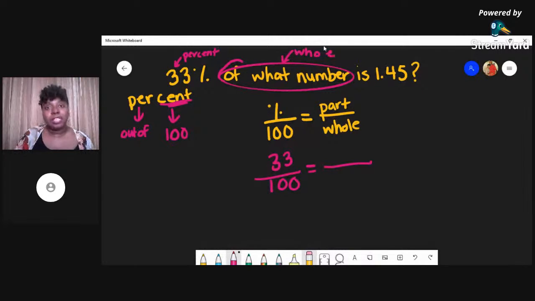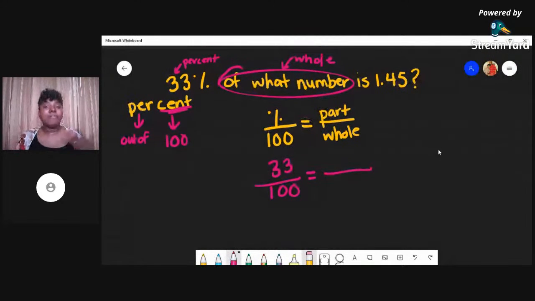Okay. So this is the whole. Now this says of what number? So do I know what this number is? No. And if I don't know what the number is and it's unknown to me, what do I put? You put a variable. Good. We could just put X. It doesn't matter. So percent's a number out of 100, right?